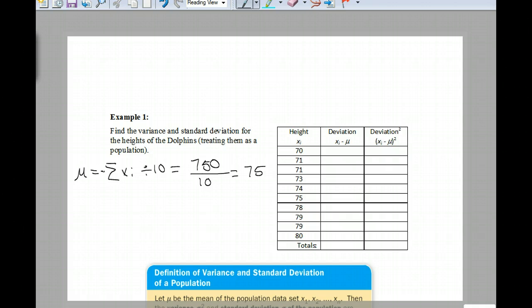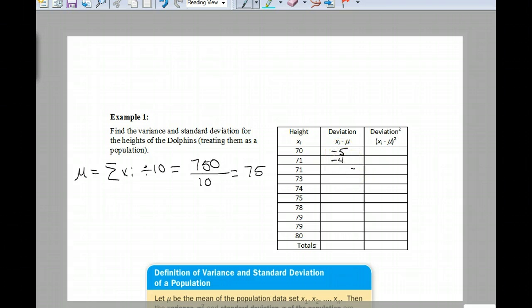All right, so now that we have the mu, we're going to find the deviation of each one. So you're going to take 70 minus 75 for that first one. What is the answer there? -5. Okay? 71 minus 75 is -4.